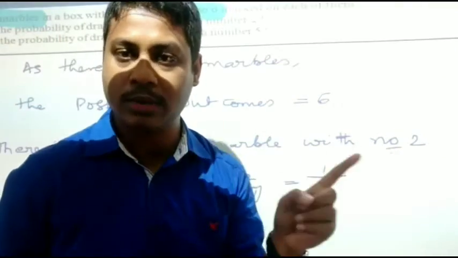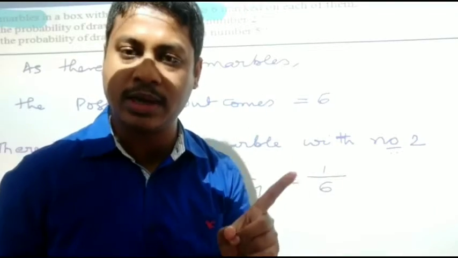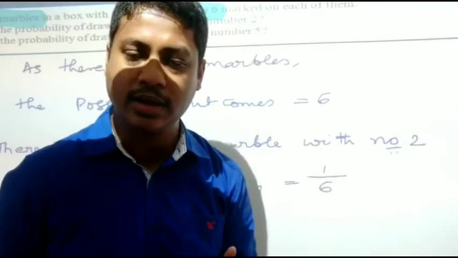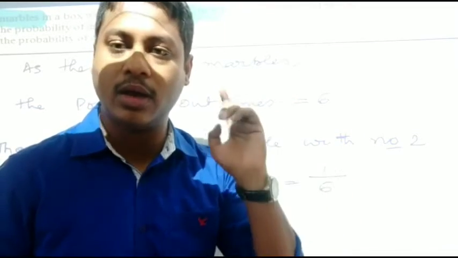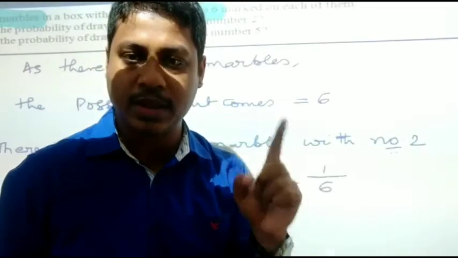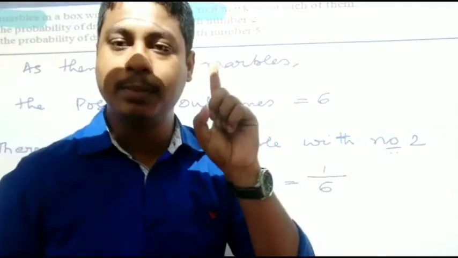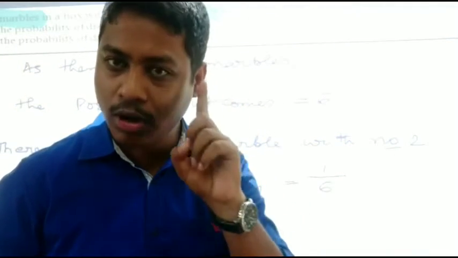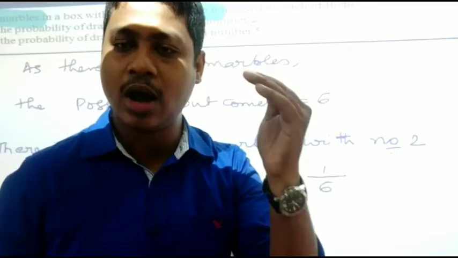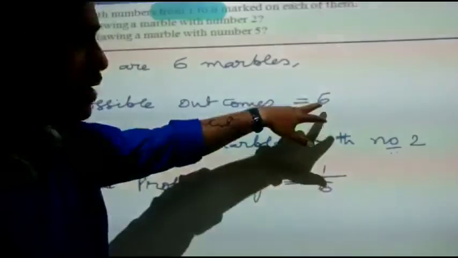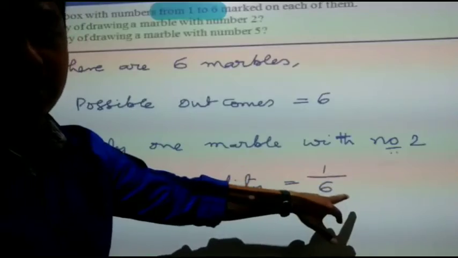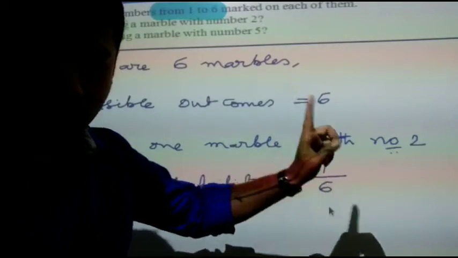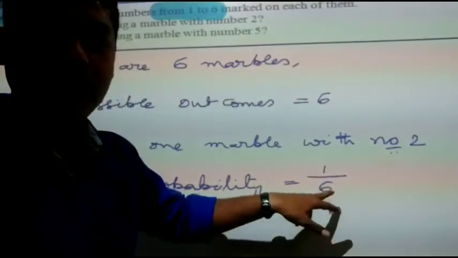So the probability that a marble with number 2 will be drawn is 1, and the number of outcomes is 6. So you have to write 1 by 6. It is 1 divided by the total number of outcomes.